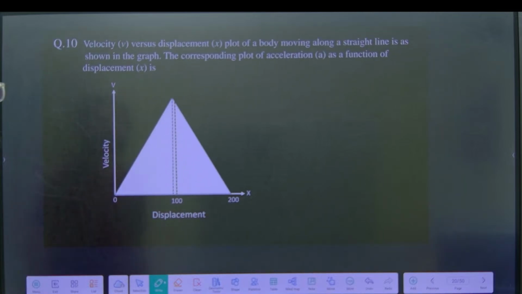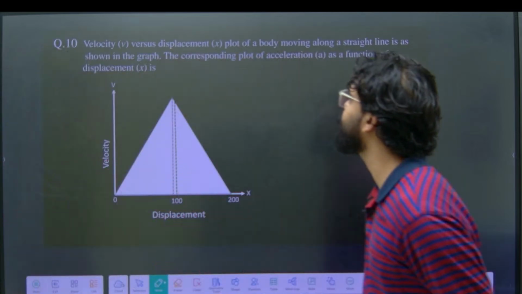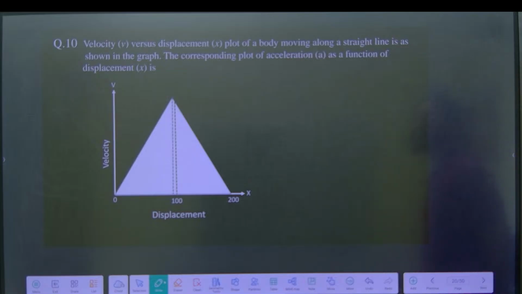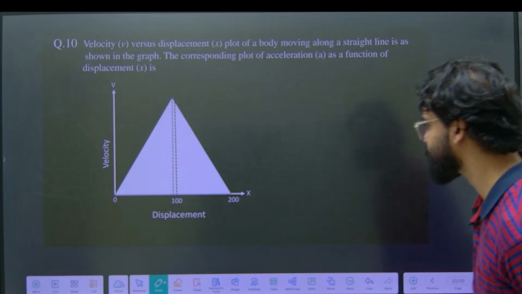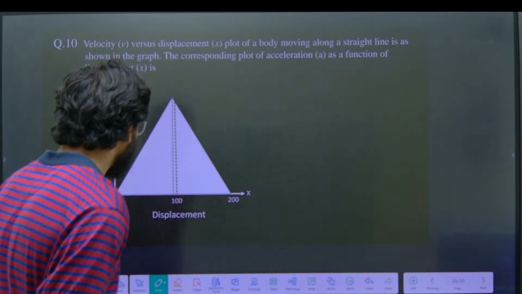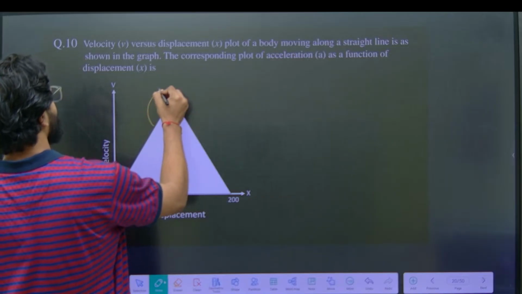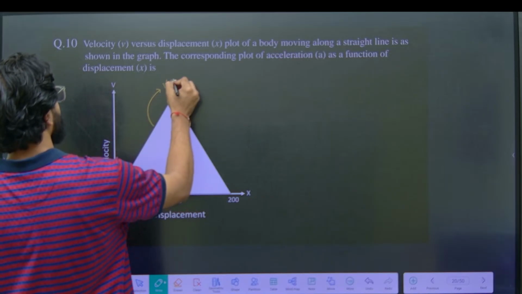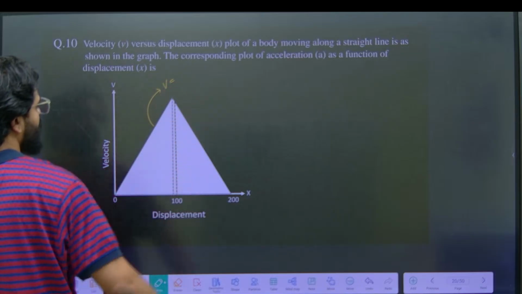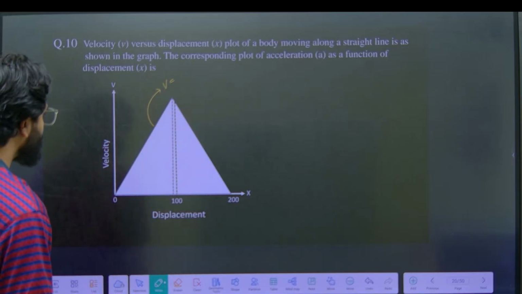Question number 10. A velocity versus displacement curve is given, of a body moving along a straight line. The corresponding plot of A versus X is asked. We know this, okay. So velocity over here can be written as y equals mx only.